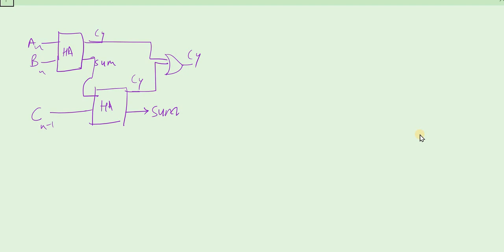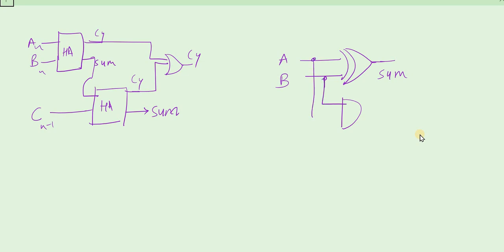In this case, the circuit will be like this. This first XOR gate will have the inputs A and B and it will generate a sum. There will be one AND gate which will have A and B as the input. It will generate the carry. There will be another half adder which will have one XOR gate.